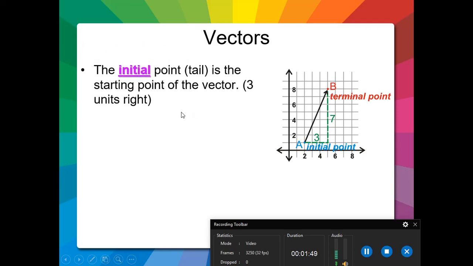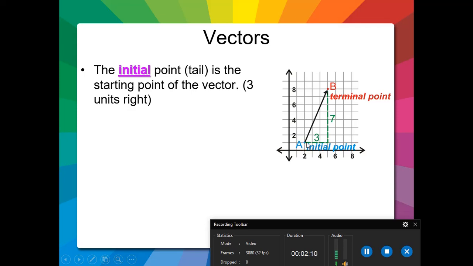So when we draw in our vector, we want to start at the initial point. So if you look in my grid, I can see that the starting point is A. This would be the tail end of the vector. When we move according to the vector rule, we're not actually going in a straight line path from A to B. We actually have to move according to the coordinate grid block.